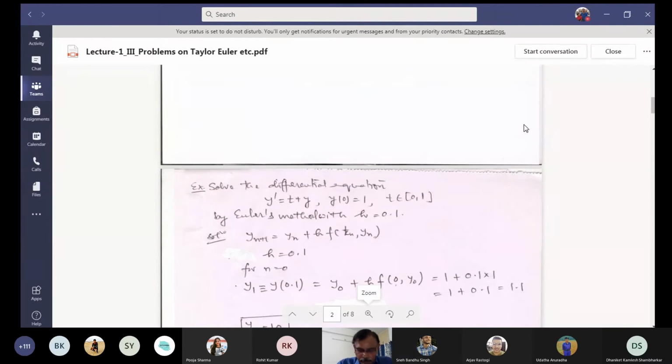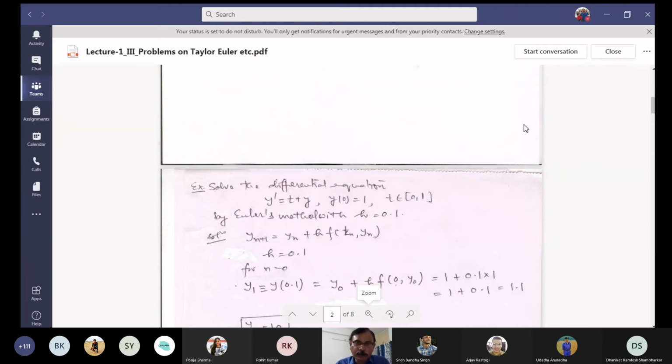Yes, sir. Now if you see the backward Euler, y_{j+1} is calculated using y_{j+1} and y_j, but it is an implicit equation. You cannot calculate it explicitly, right?